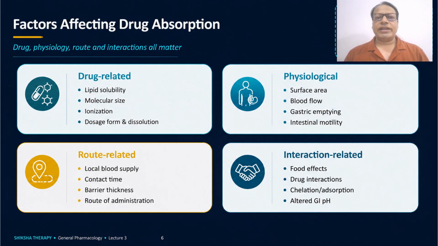Food and drug interactions can also affect absorption. For example, some drugs may interact with food, undergo chelation, or show altered absorption due to change in gastrointestinal pH. So absorption किसी एक factor पे depend नहीं करता. It is influenced by the drug, the formulation, the route, and the patient's physiological condition.